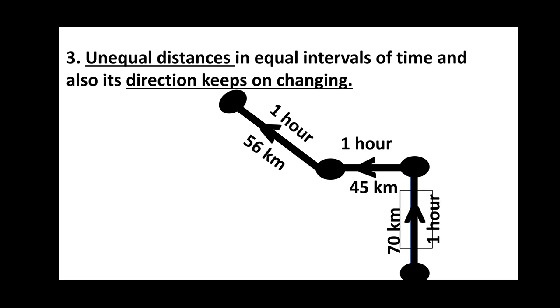Here, both the distance and direction are changing. So, car is said to have non-uniform velocity or variable velocity.